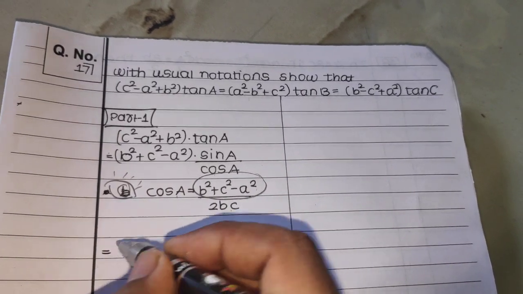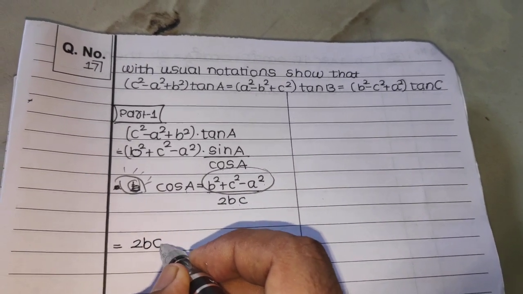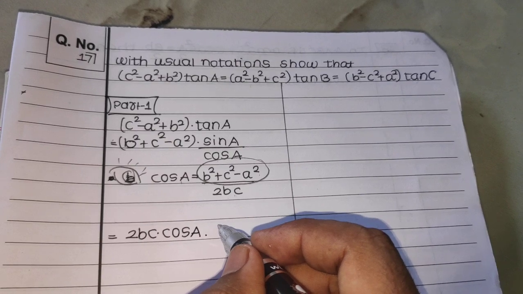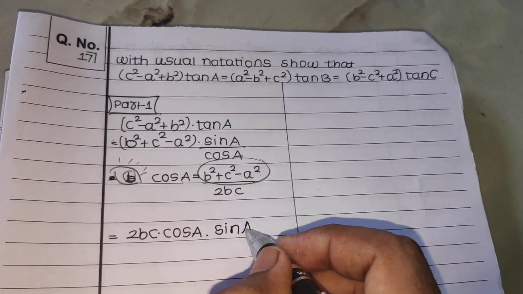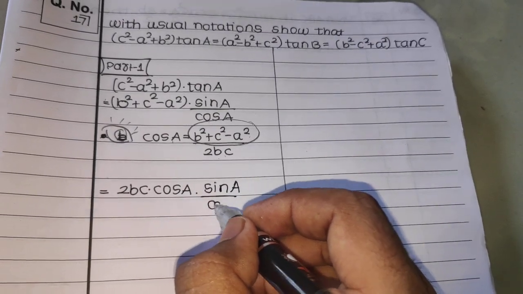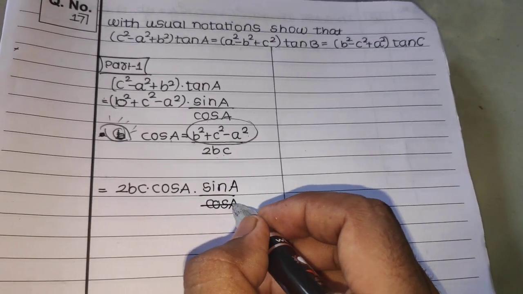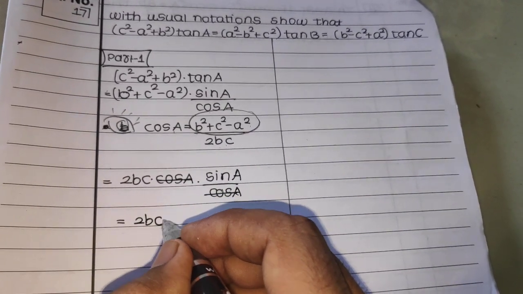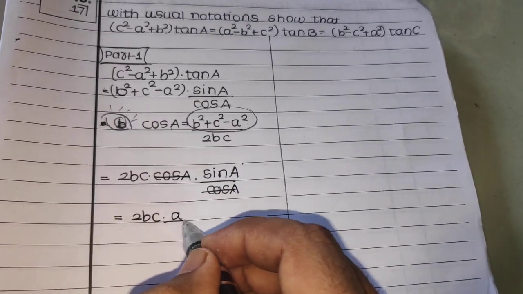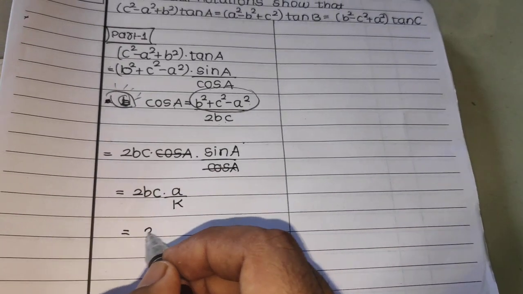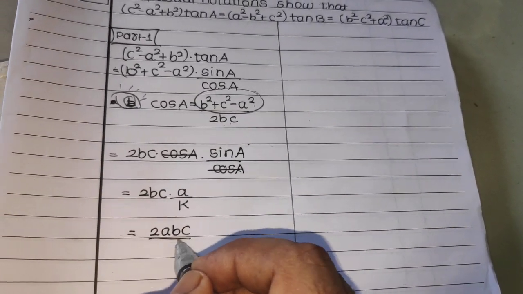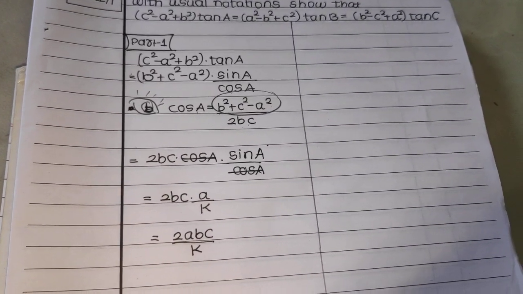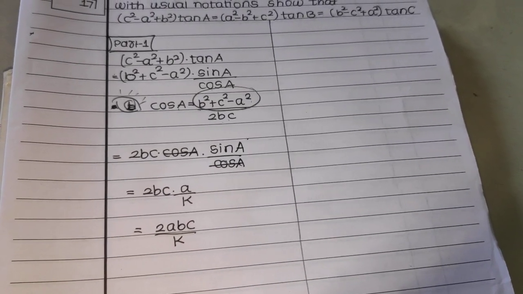So this can also be written as 2BC cos A into sin A upon cos A. Now sin A can also be written as A upon K by the sine rule, and we got part 1 as 2ABC upon K. So remember, every time we should come across this result, 2ABC upon K. We have to stop at this result.